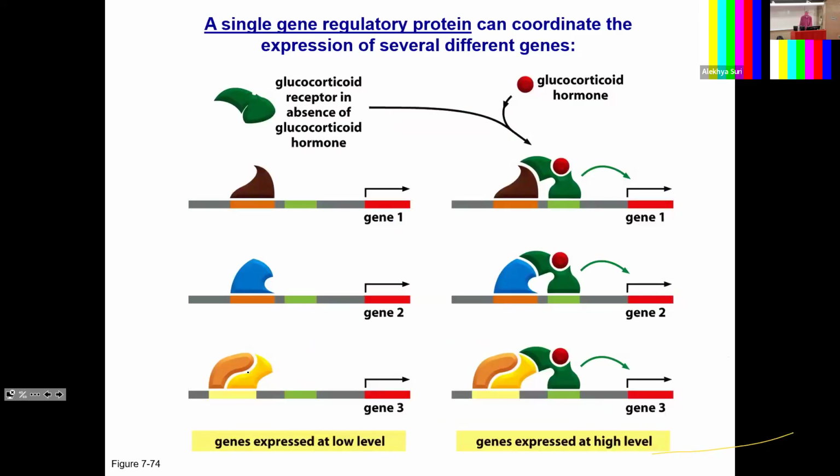Some genes are bound by different transcription factor complexes, but they have something in common: a ligand, for example a glucocorticoid hormone, would activate a set of genes. The transcription factors might be slightly different, but all these sets of genes are regulated by one hormone and activated or inactivated.